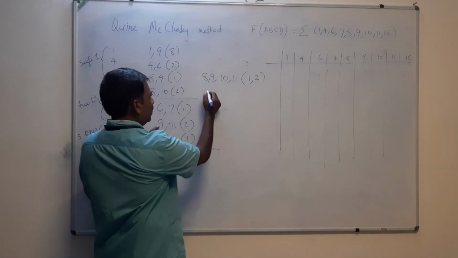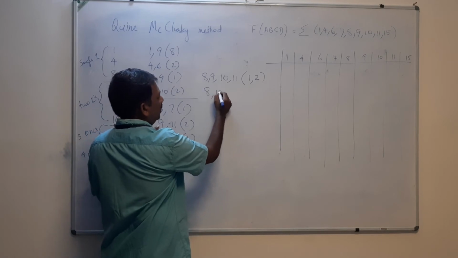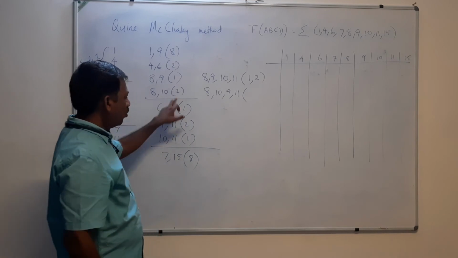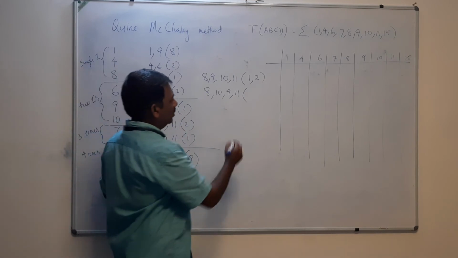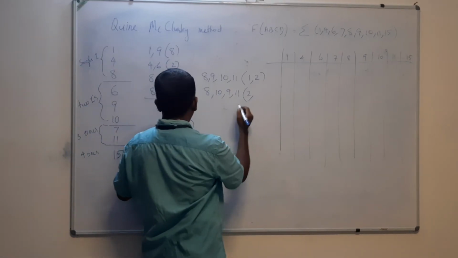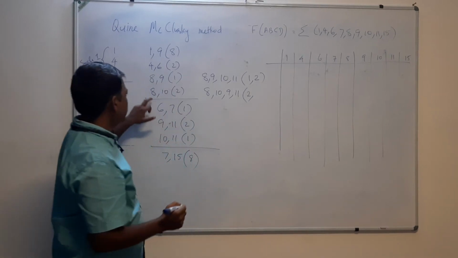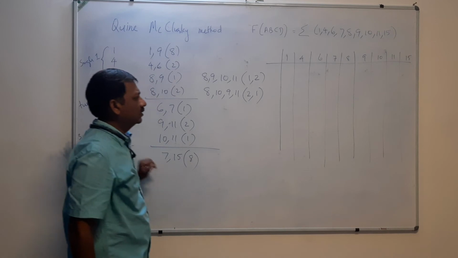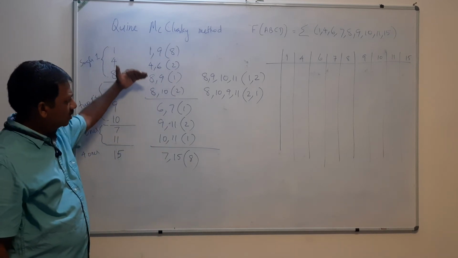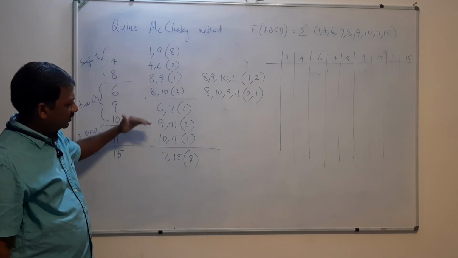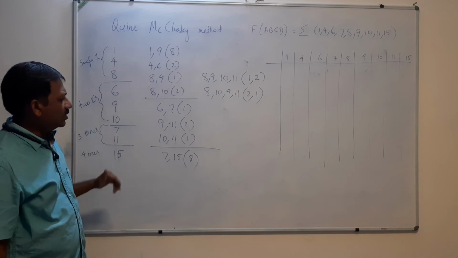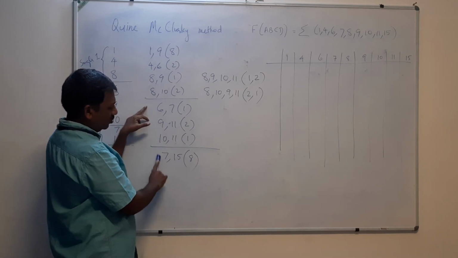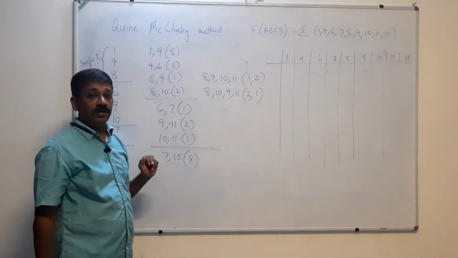That means 8, 10, 9, 11 within brackets the common one that I'm going to write, and next 9 minus 8 which is 1, that also have written, and this has been combined with this, and now you are going to check whether this and this are compatible for merging.